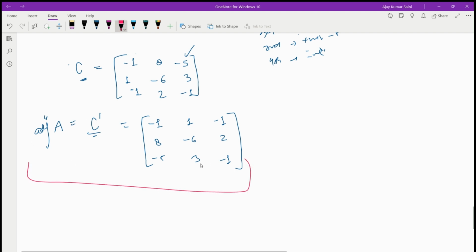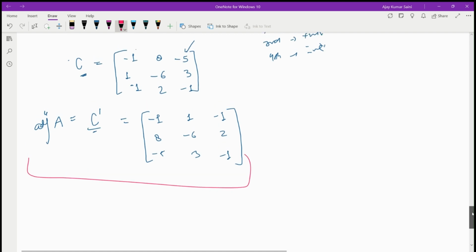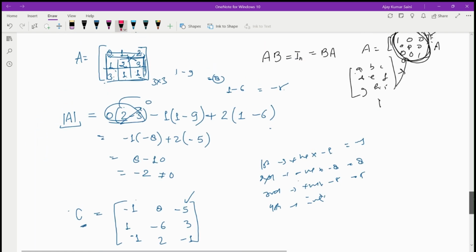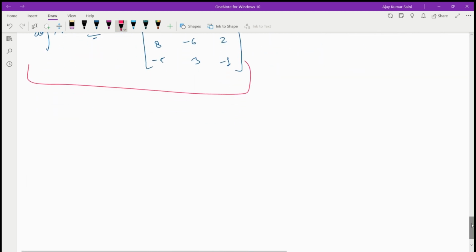So after that it is now very easy. We also find the transpose, the adjoint matrix A, and also the determinant of the matrix. So the determinant of the matrix is minus 2. Okay, so for finding the inverse of that matrix, there is a formula, I think you know about this.